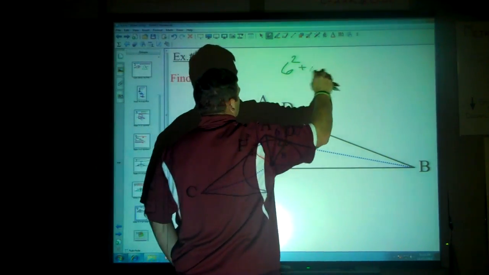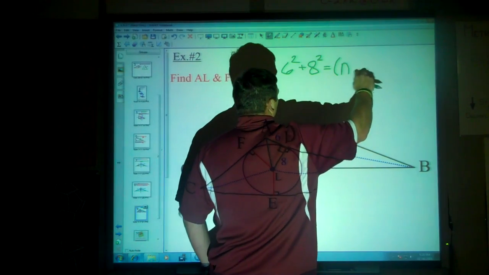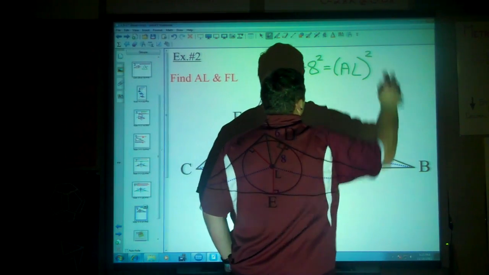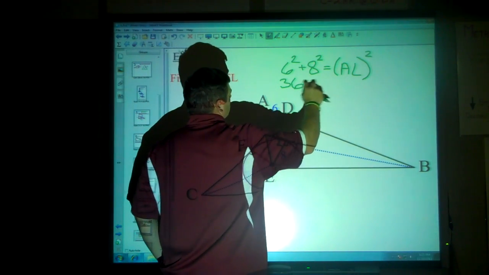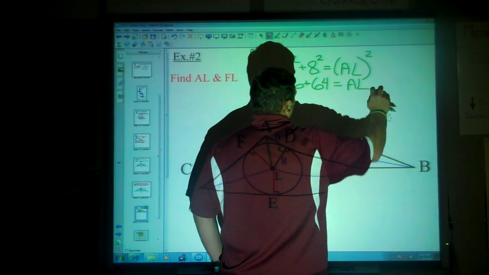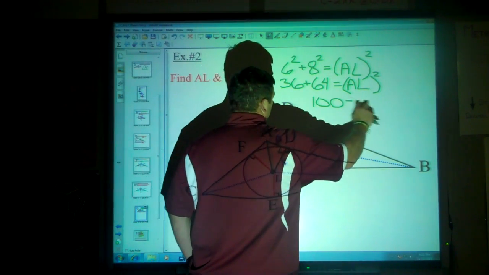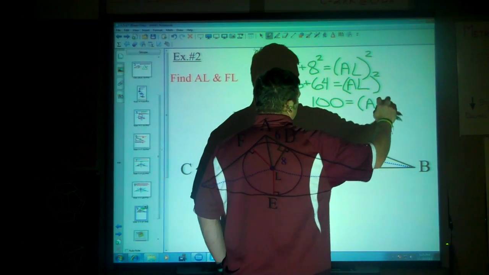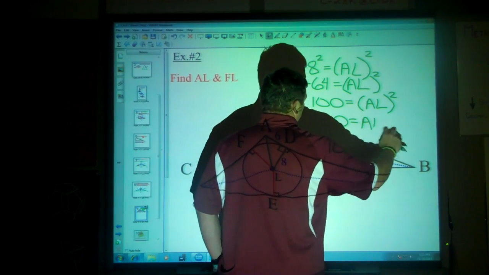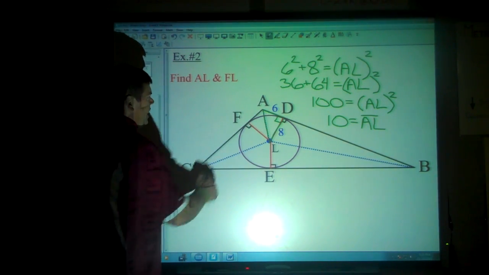So 6 squared plus 8 squared has to equal the distance from A to L squared, which means 36 plus 64 is equal to AL squared. 100 is equal to AL squared, which means 10 is equal to AL. So this distance right here is 10.